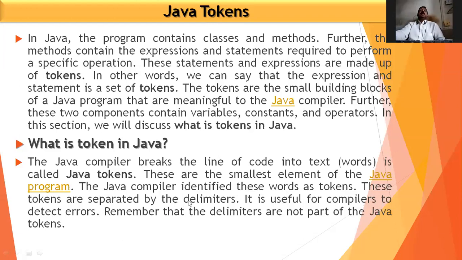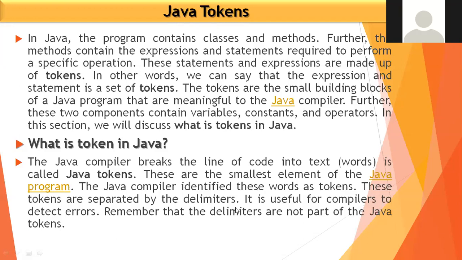See, there are different types of tokens in Java. These tokens contain the expressions and statements which are required for specific operations. So we can do the specific operations with the help of tokens, and these tokens are meaningful to the Java compiler.